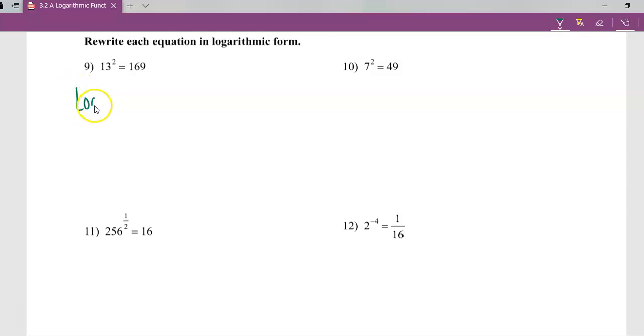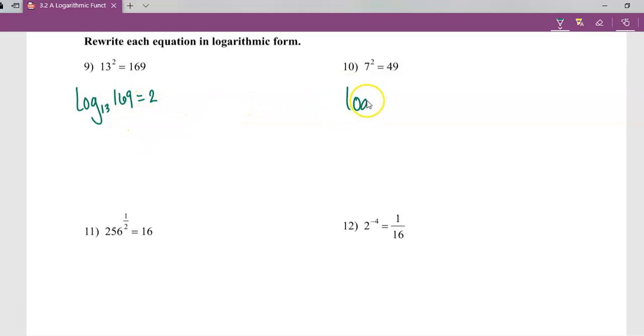So remember that base that's being raised to the exponent, that's the little base number here, 13. And then of 169, and it always equals the exponent, right? It's saying what exponent would have to go on 13 in order for me to get 169. That would be 2 because 13 squared is 169.